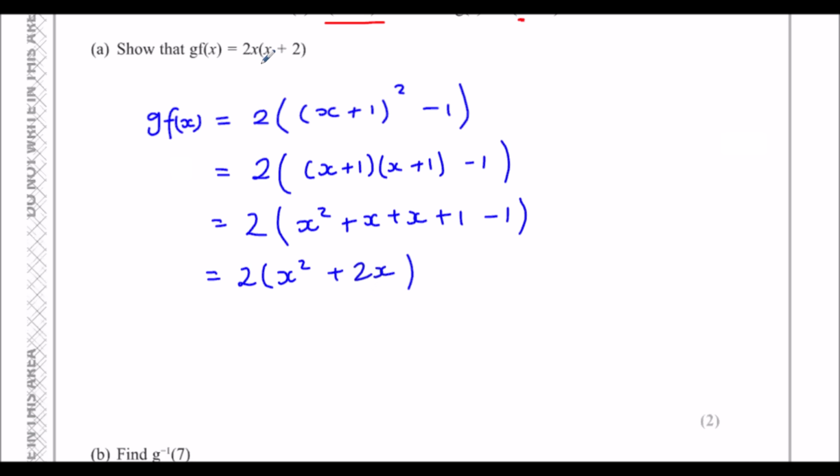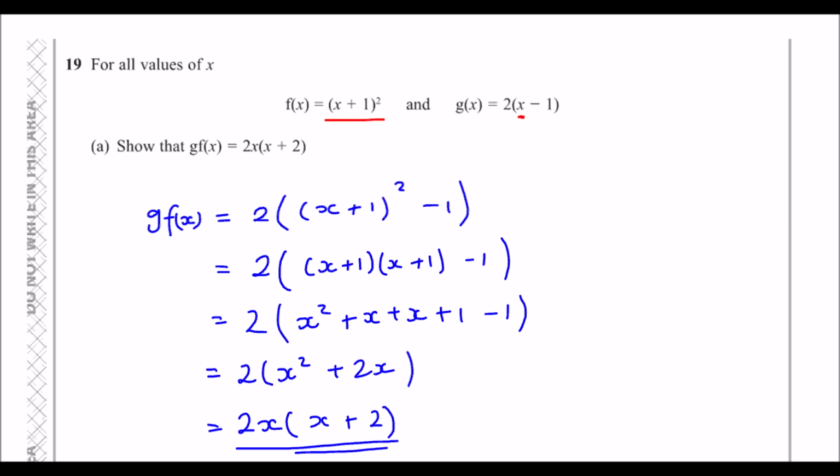And that's not quite what they've got. So we're going to factorize out both of the terms inside the bracket. I've got an x in them, so we can take the x outside the bracket. So that'd be 2x outside and x plus 2 inside.